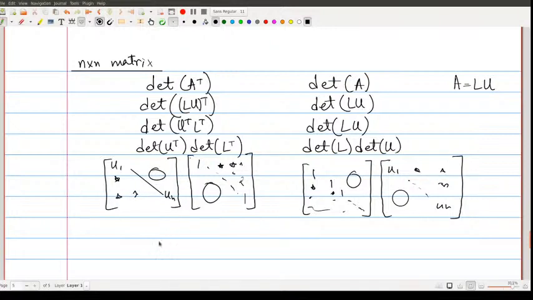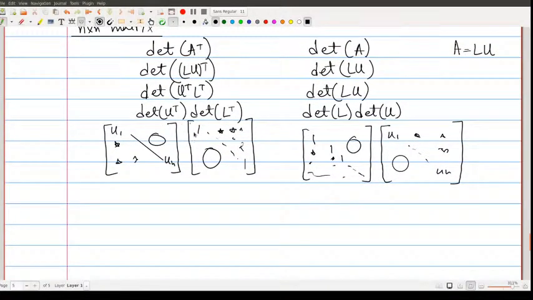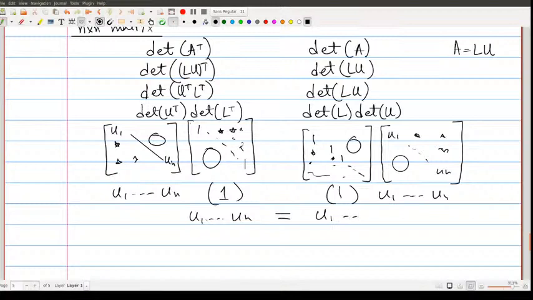So what's the determinant on both sides? On the left-hand side, the determinant of the triangular L is just 1 because it's the product of the diagonals, and for U it's just U1 to UN. On this side, again, this is 1, so U1 to UN. So the determinant on the left-hand side is equal to the determinant on the right-hand side. So I can put an equal sign all around.